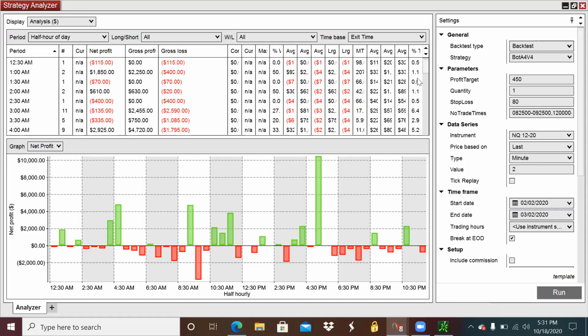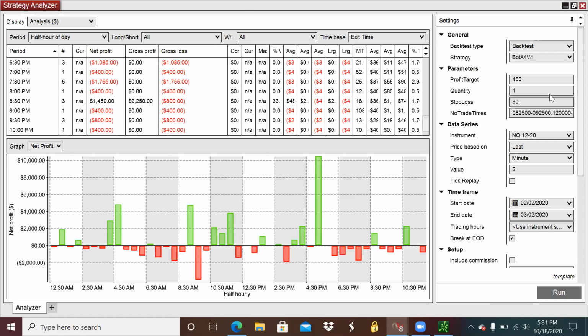So that's how you would find out, and you start looking at this data to see if you're still having losses around that time. Okay, so is it consistent on the time that it's making losses?